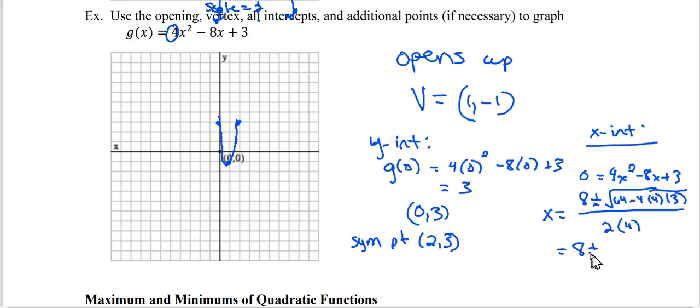So we get 8 plus or minus the square root of 64 minus 48 over 8. 4 times 12. 8 plus or minus the square root of 16 over 8.